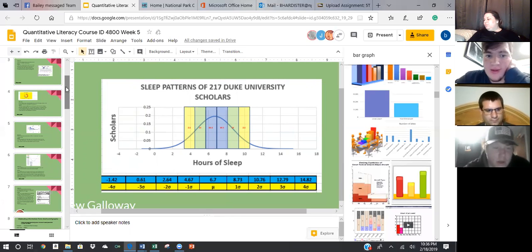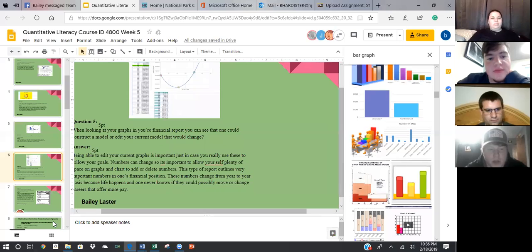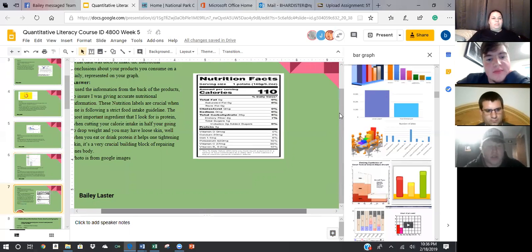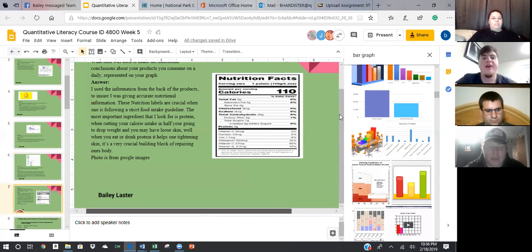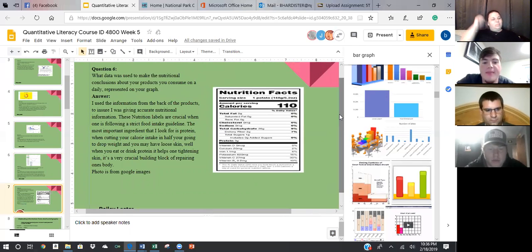Okay. What data was used to make the nutritional conclusion about the products you consume daily represented on your graph? All right. So I used the information from the back of the products to ensure I was giving accurate information. These nutrition labels are crucial when one is following a strict food intake guideline.